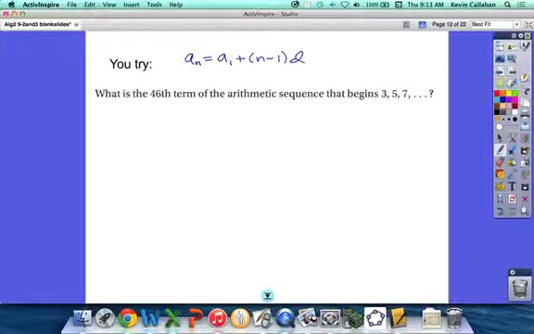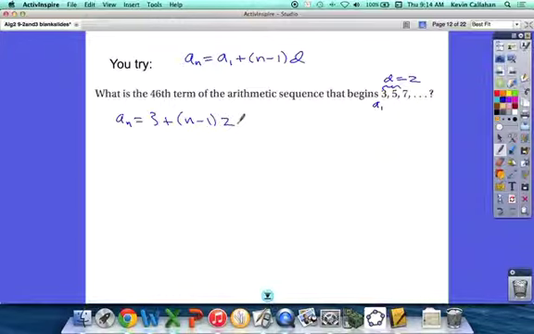Okay. So let's see. The first term is 3. What is the common difference? d equals 2. So you should have plugged in a_n equals 3 plus n minus 1 times 2. And if you wanted at this point, you could have just substituted the 46 and found that term.